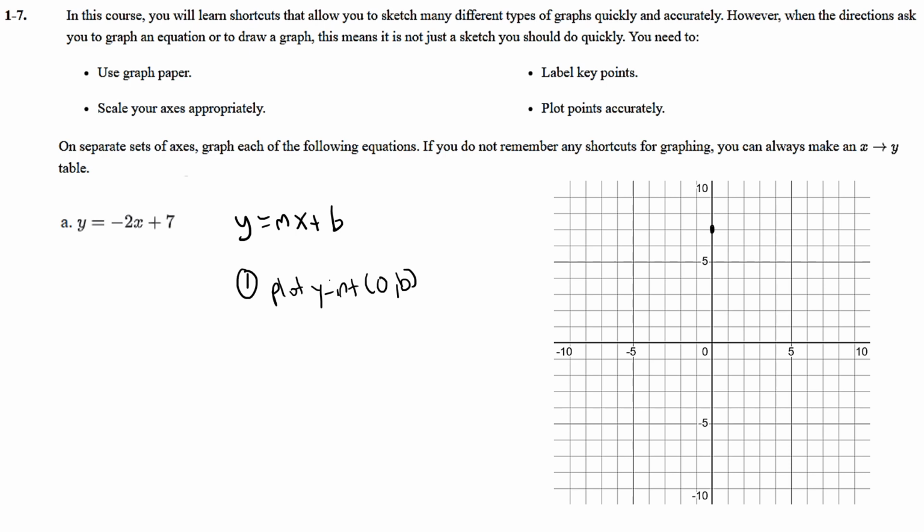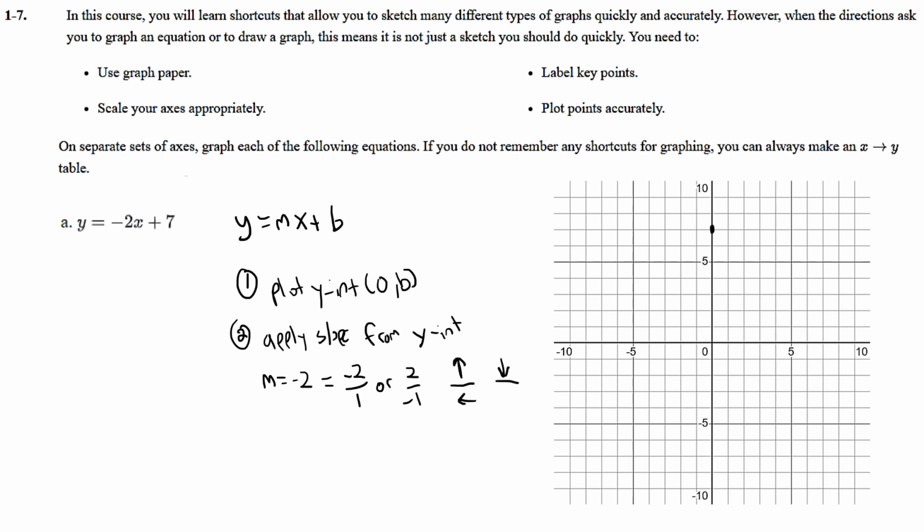And the second step is to apply the slope from the y-intercept. So the slope is -2, so we'll do that. So -2 should be thought of as -2 over 1 or 2 over -1. So remember, it's a negative slope, so I either go up and to the left or down and to the right.